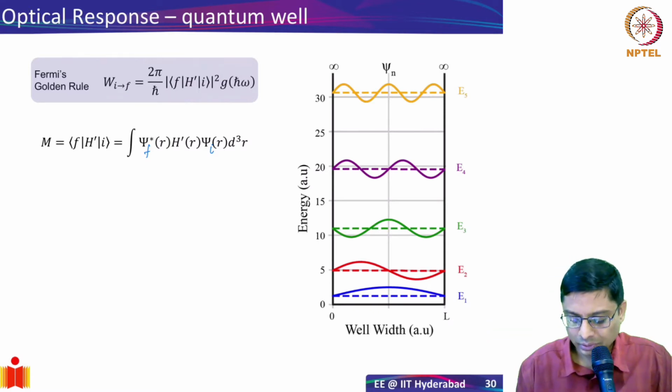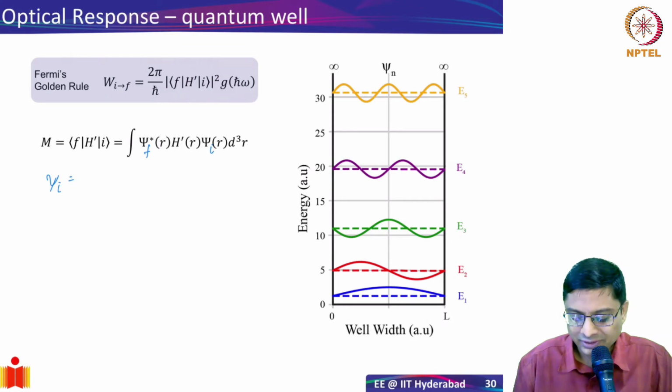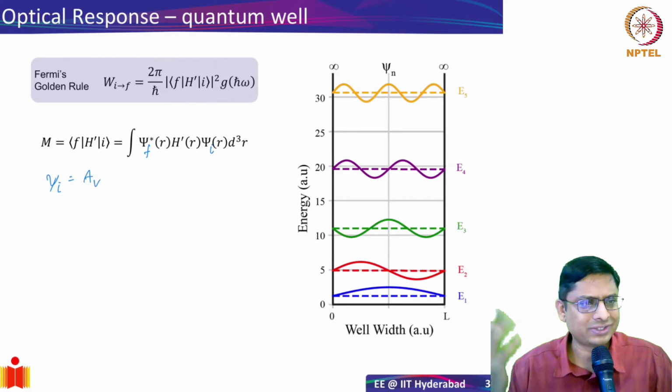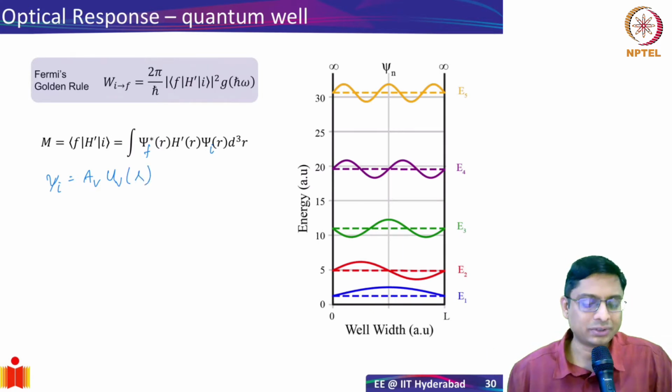Considering an absorption process, the initial wave function is going to be from the valence band. There is some coefficient A_V, a normalization coefficient, and then a Bloch function u_V of r. Basically there's periodicity that comes in because of the lattice.